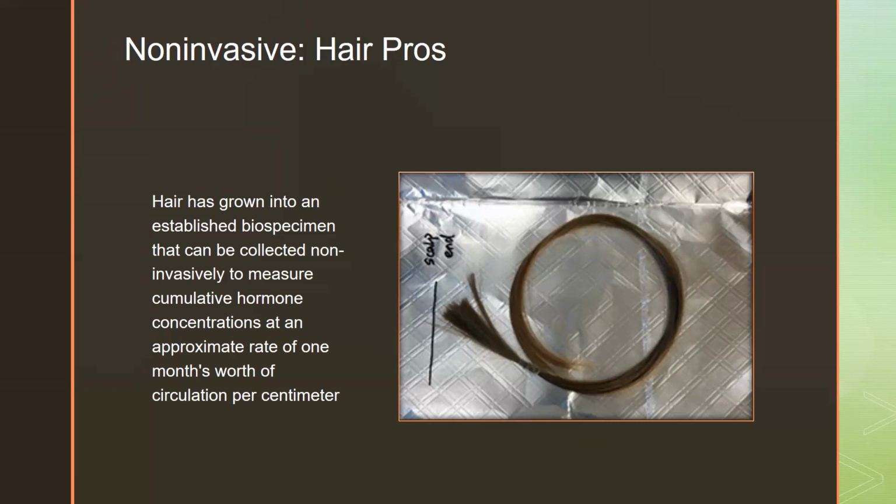There's a lot of approximation there, especially when we're thinking about the fact that hair can grow at different rates depending on the season, depending on the health of the person, depending on how much stress they're under. And there's a lot of validation work that's still going on with that. So we say that it's approximately a month's worth of hormone in a centimeter.